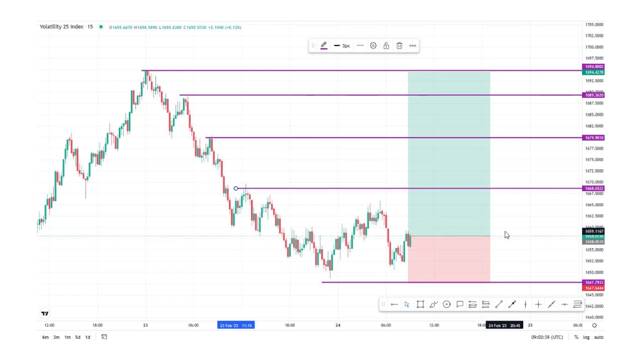But when I'm using all these levels, I use some certain things that actually give me a signal once the price approaches my level. So what do I mean? If I want to enter this trade, for instance, when I have TP1, TP2, TP3 like this, let's say I want to use 3 lot size on this trade, and you know the lowest lot size on volatility 25 is 0.5.